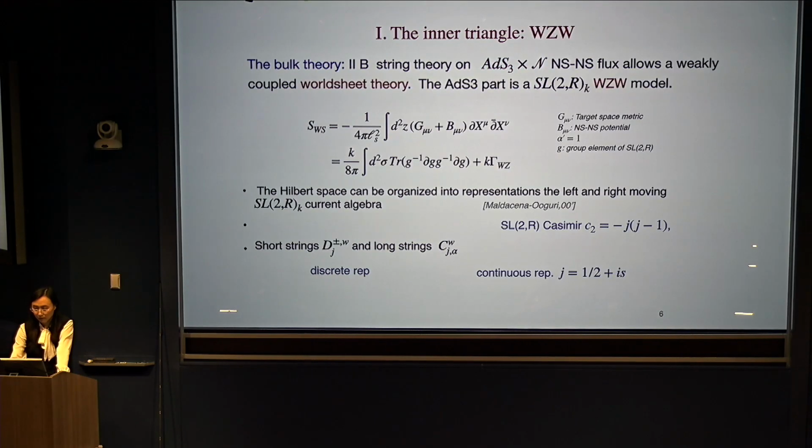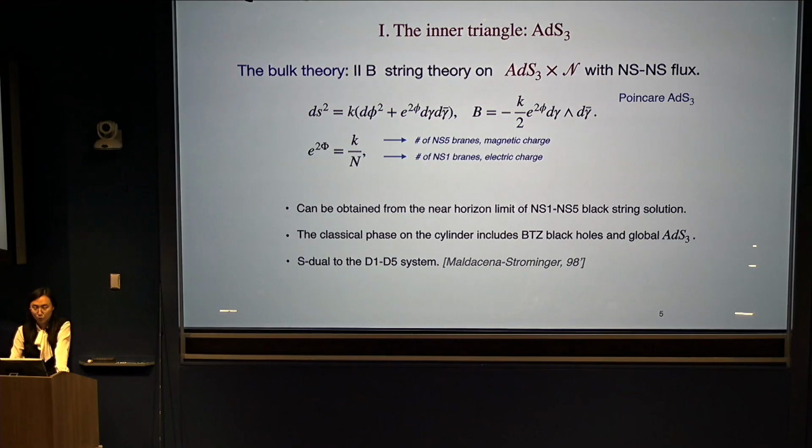The solution has a non-trivial B field, and the electric charge and magnetic charge correspond to this. If we take this from the NS1, NS5 brane construction, they correspond to the number of NS5 branes and NS1 branes. So this model can also be related to the famous D1-D5 system by S-duality.